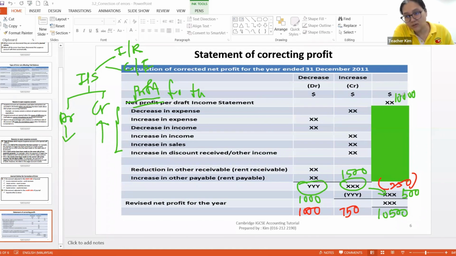And then you take 10,000 minus 250 to get the new profit, which is 9,750. So that is how we look into these two numbers. If the negative is bigger, we put a bracket and take this minus the net. So far, clear about the working? Just roughly the idea of how we should do the correction of error.